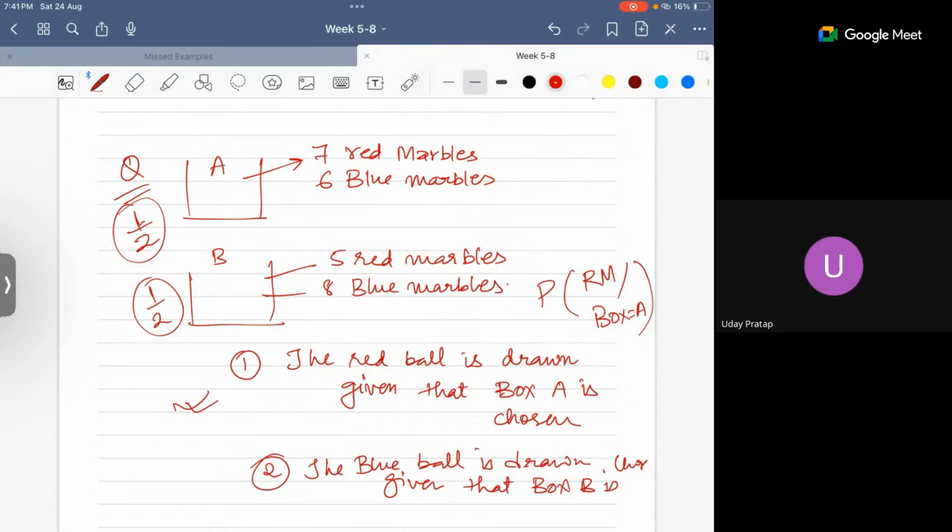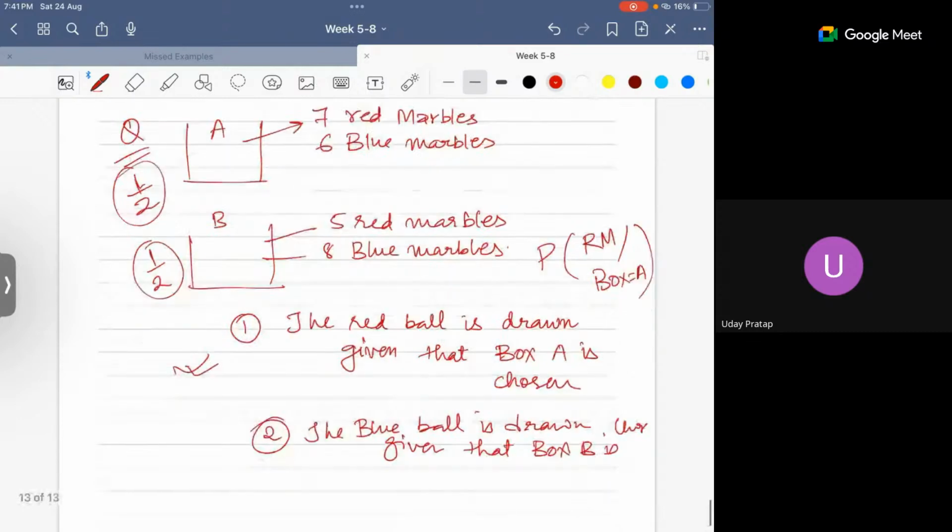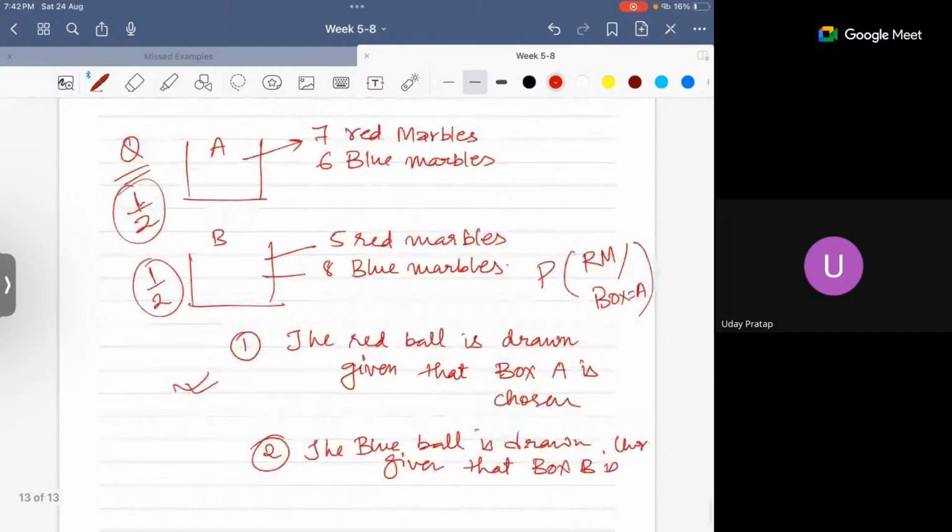So if you have to calculate conditional probability and you go and solve with the formula, maybe you'll get stuck. So it's simple: directly go to that box A, and in that box A calculate the probability of getting a red ball. So 7 upon 13.